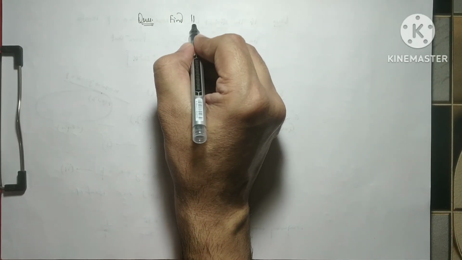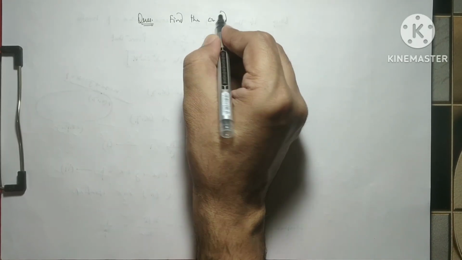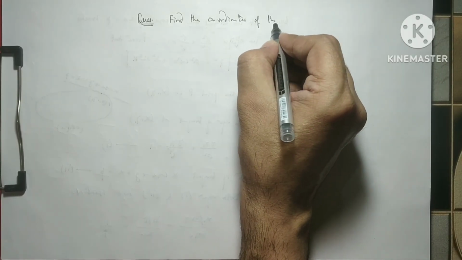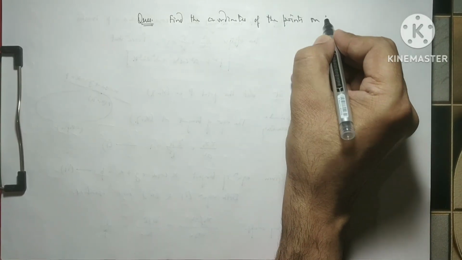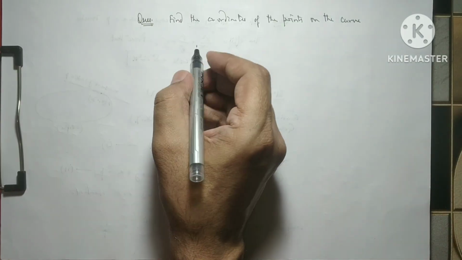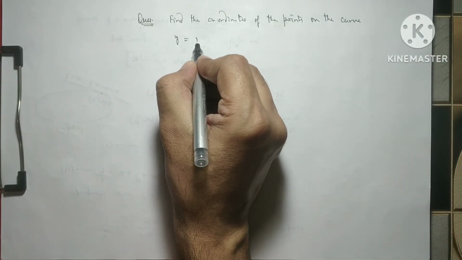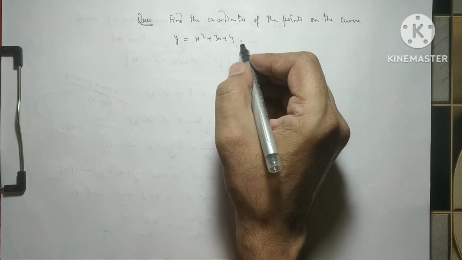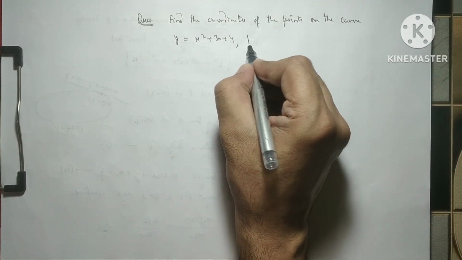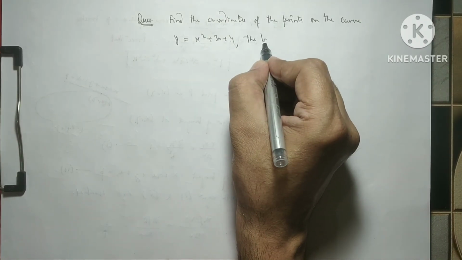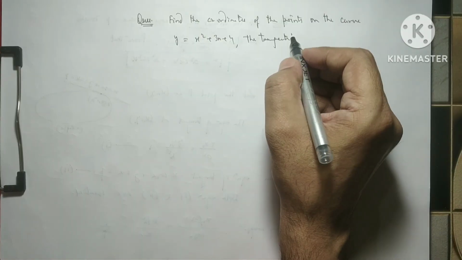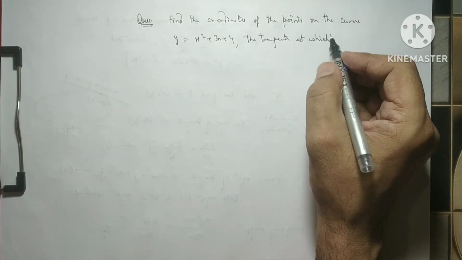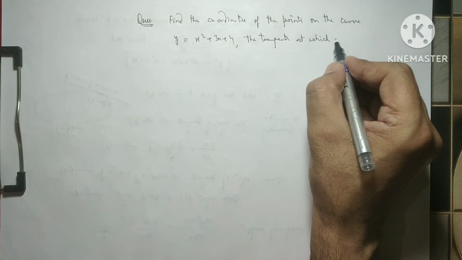Find the coordinates of the points on the curve y equals x square plus 3x plus 4, at which the tangents pass through the origin.